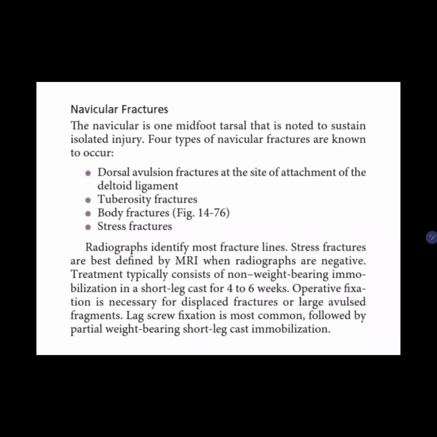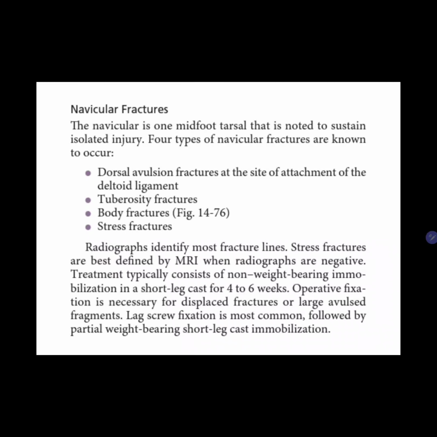Sprain and fracture subluxations or fracture dislocations can occur at the transverse tarsal joint and tarsometatarsal joint, where the relatively rigid midfoot attaches to the more mobile hindfoot and forefoot. In general, however, dislocations occur much less frequently than fractures. A relatively rare fracture dislocation at the tarsometatarsal joint, also known as the Lisfranc joint, is such an example seen in figure 14-75. So this one here.